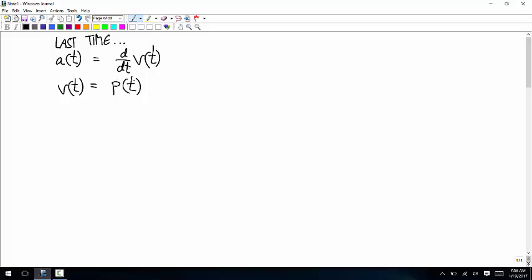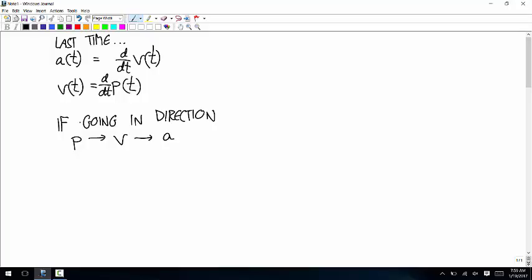And so if you're going in the direction from position to velocity to acceleration, all you're doing is taking the derivative.